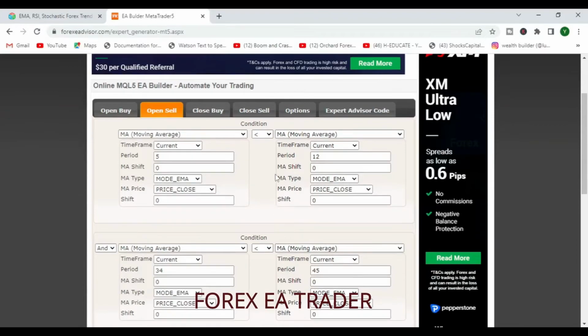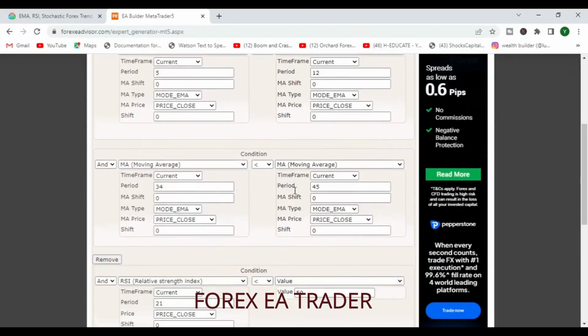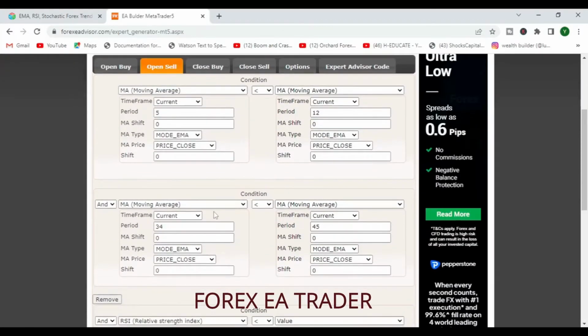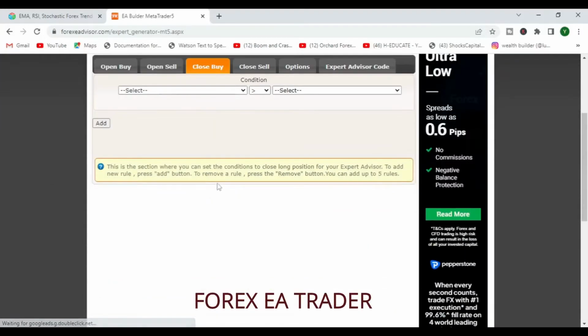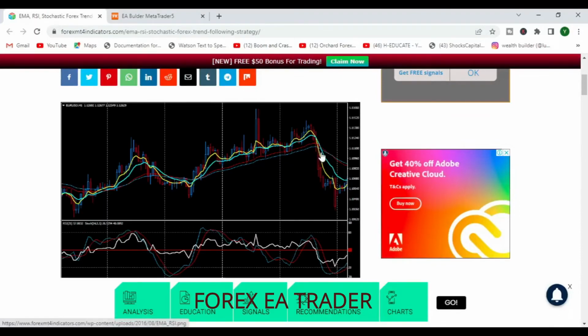Or you can choose one, maybe a moving average cross, to tell you that it's time to close that buy. So maybe we can use this one. So we'll say the moment we notice that the moving average 34 is crossed, or if you want the faster one, you can say if the 5 crosses below the 12, despite whatever else is happening here, we just want to close that trade.